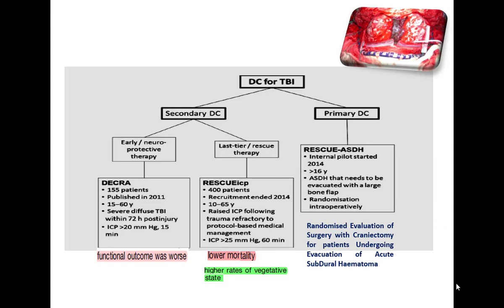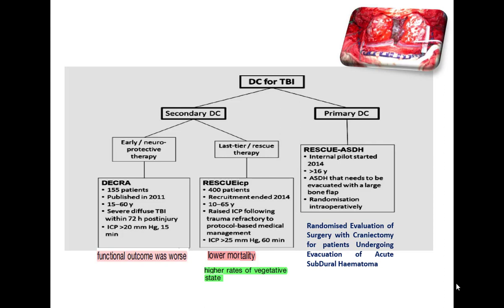So if we look at these trials of decompression, secondary decompression and primary decompression, early and neuroprotective therapy, in the DECRA trial functional outcome was worse. If we look at the last ditch therapy, it did decrease mortality, but there were higher rates of vegetative state patients, so the burden on the family actually increased.